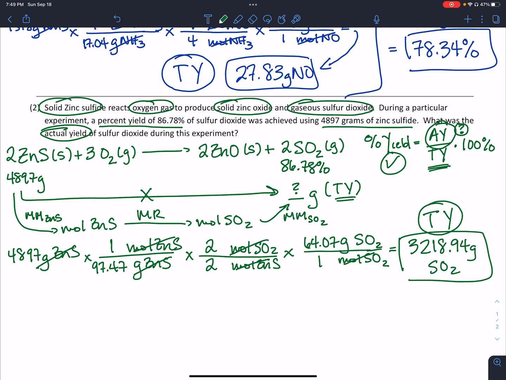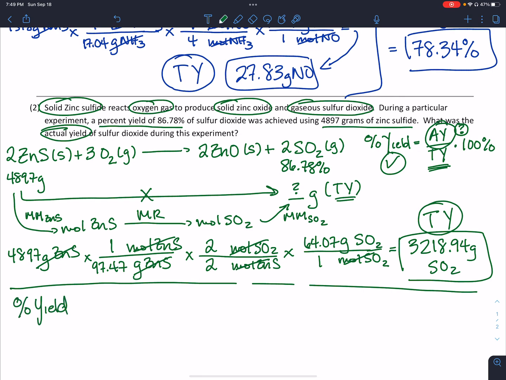With that theoretical yield calculated, we're now going to use our formula and we're going to solve. So again, remember, percent yield equals the actual yield divided by the theoretical yield times 100%. For us, we have a percent yield of 86.78%.